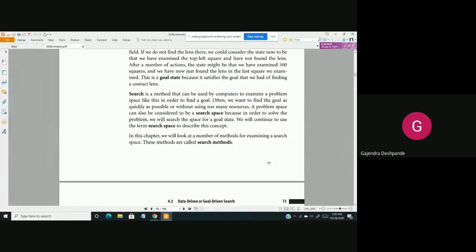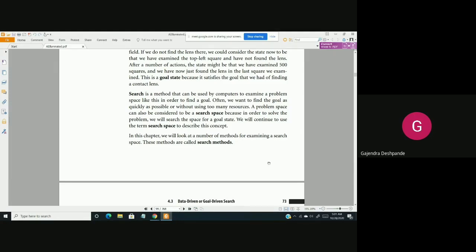Search is a method that can be used by computers to examine a problem space like this in order to find a goal. Often we want to find the goal as quickly as possible or without using too many resources. So this should be our goal, that is, the response time and the space complexity.